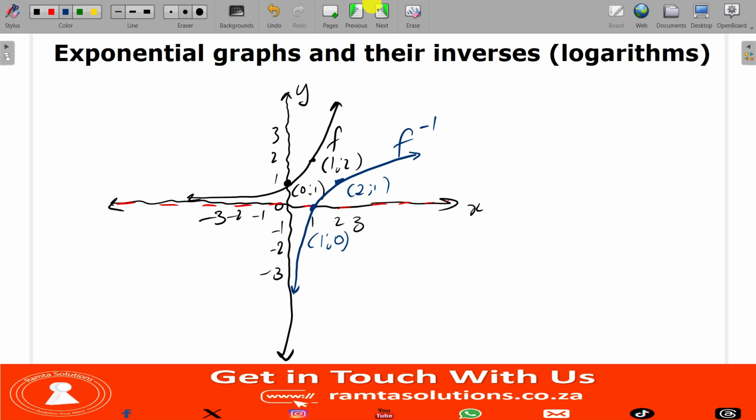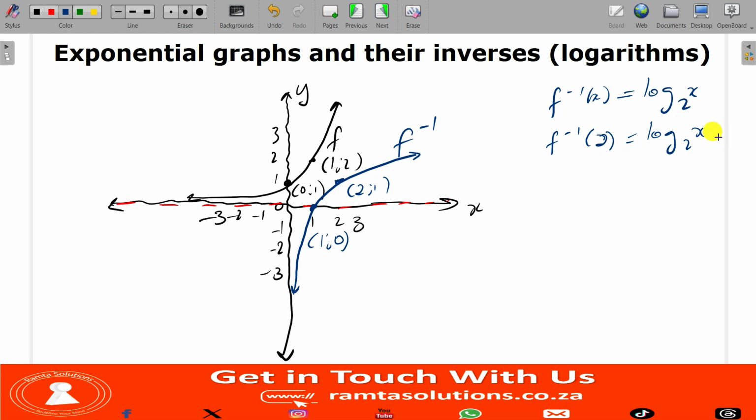So you can also test these values on your calculator. Remember, we found f inverse of x to be log x base 2. Let's test it out. f inverse of 2. On your calculator, what is this?